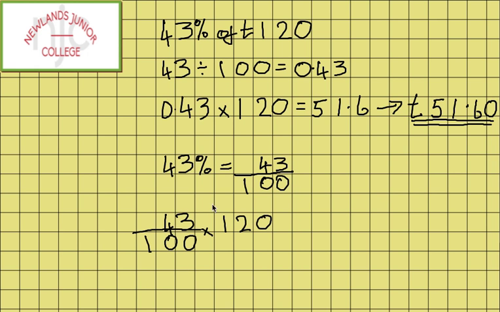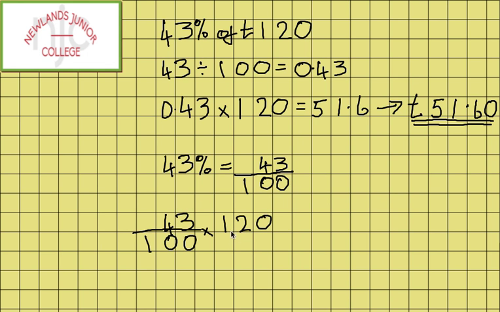Now when you're using your calculator to carry out such a calculation, you can do it in any order you like. You can start with 43, divide by 100, press your equals button, and then multiply by 120. Press the equals button again, and you'll get your answer.